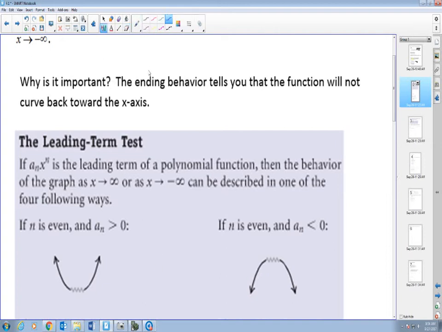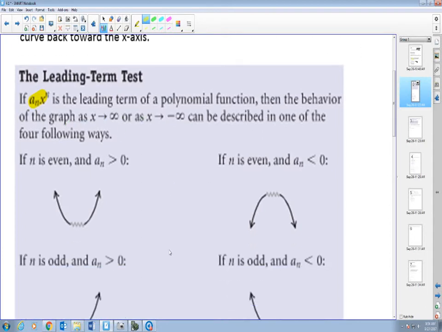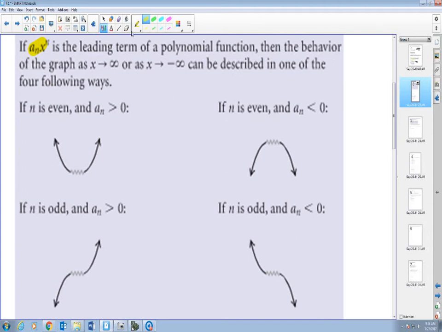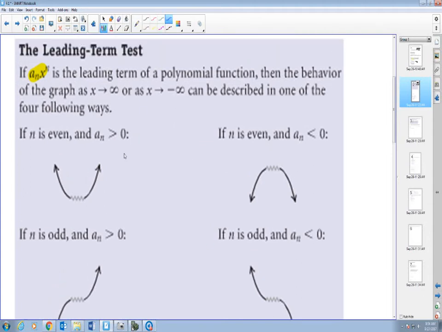So if a sub n x to the n power is your leading term, then the ending behavior as your x keeps going to the right or left can be described in these 4 pictures. If n is even, that means the exponent, n is the exponent. If your exponent is even, like x squared, x to the 4th, x to the 6th, where a sub n is greater than 0, which is just another way of saying positive.